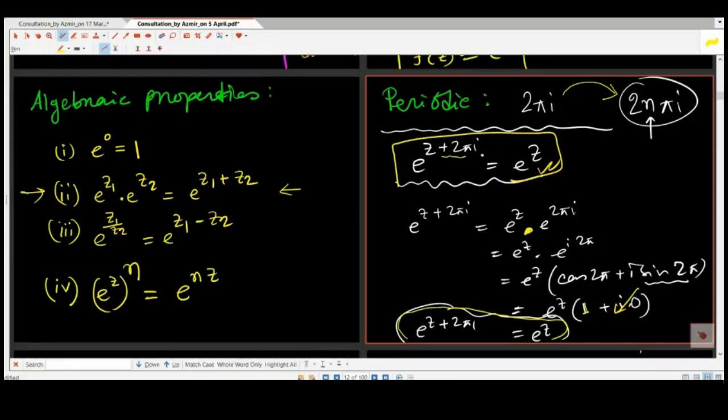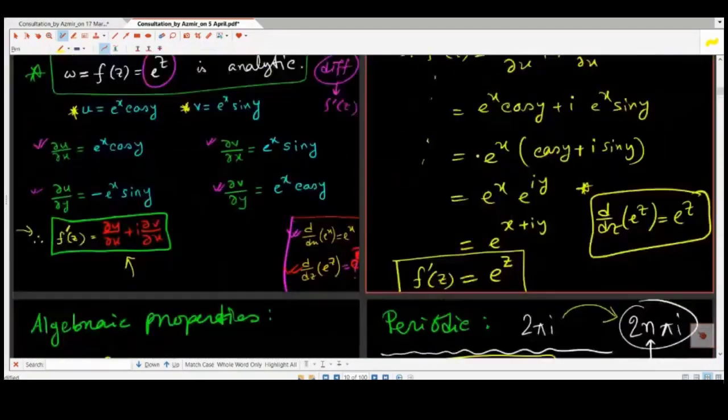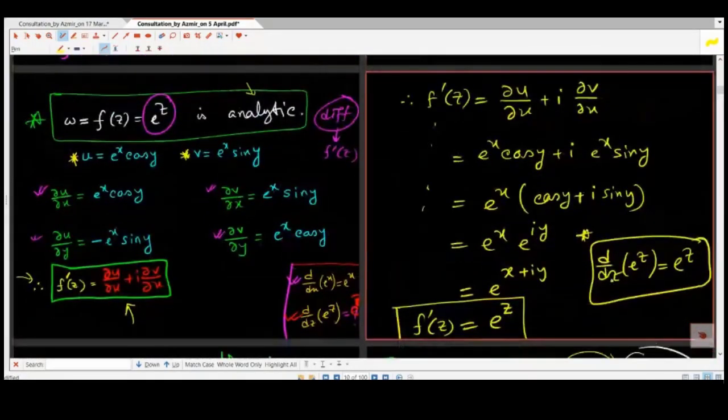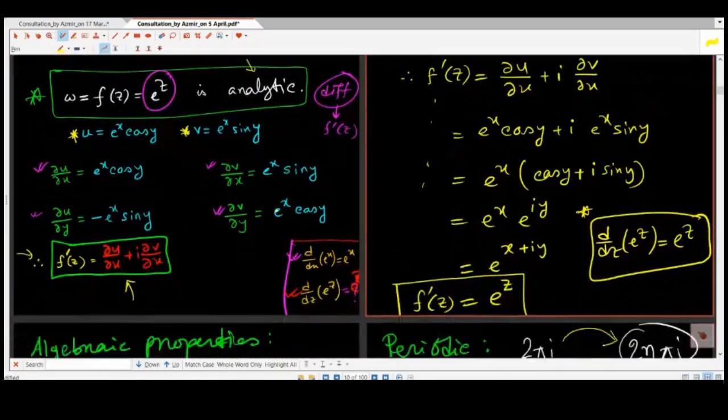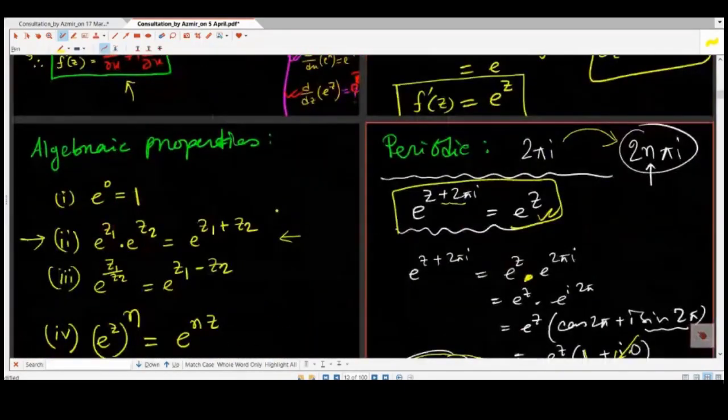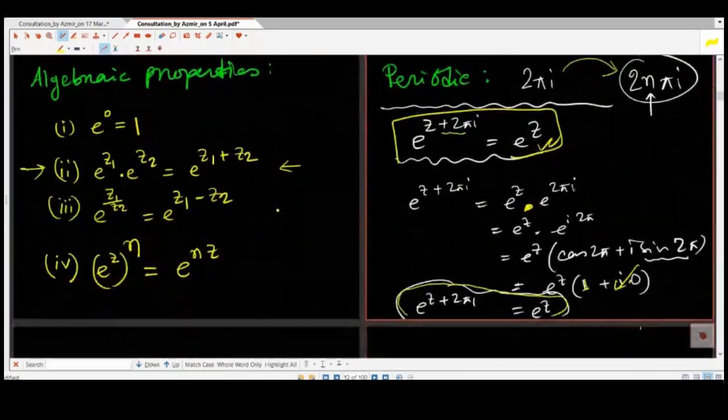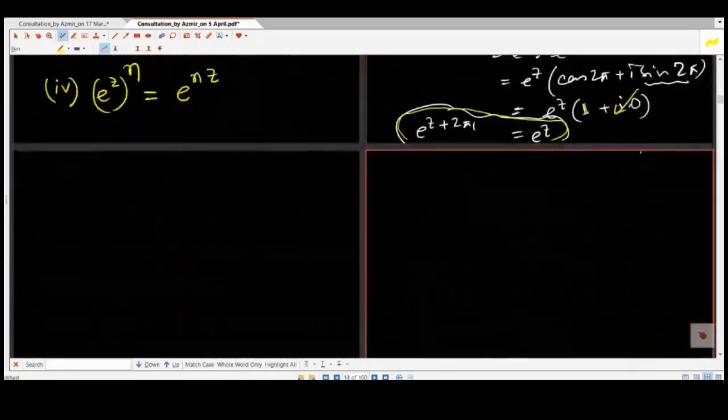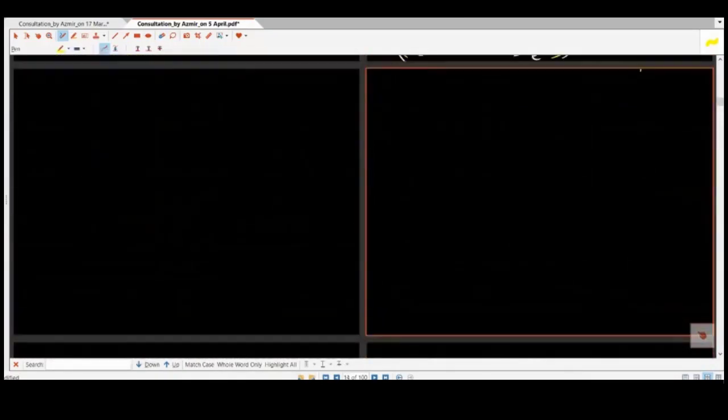So up to now, we have checked how to find the derivative of e to the z. And we have mentioned that e to the z, that is, exponential functions, are single valued functions.